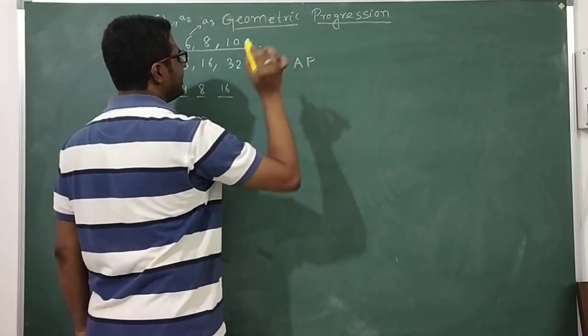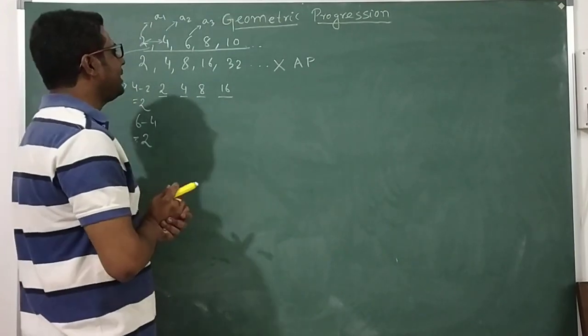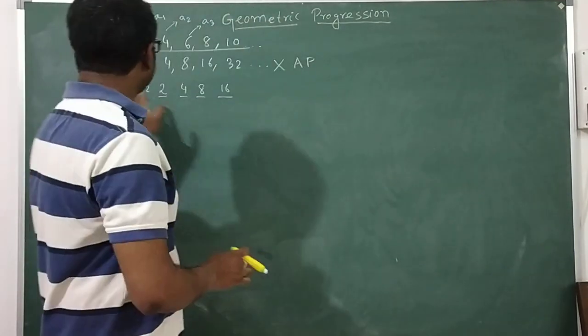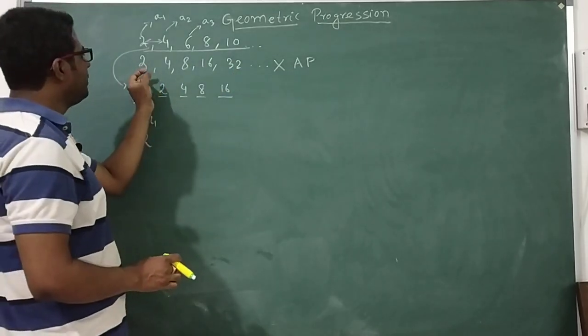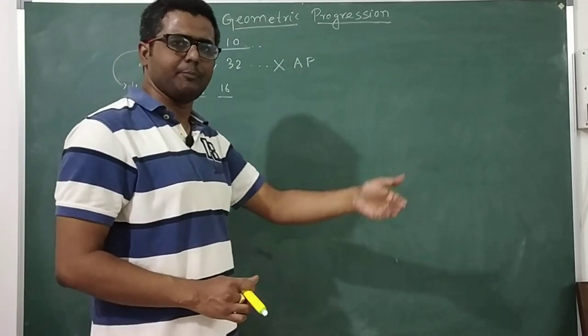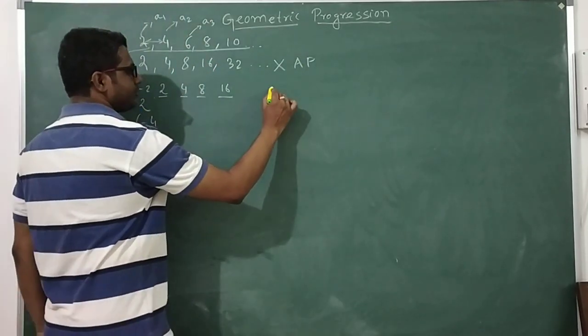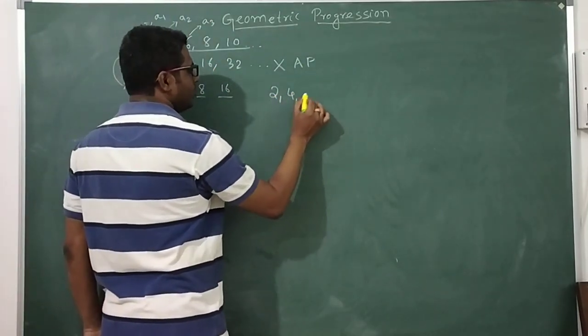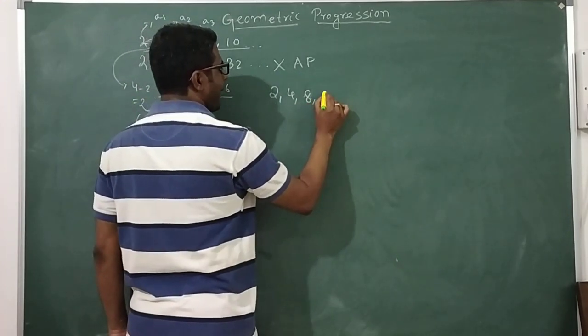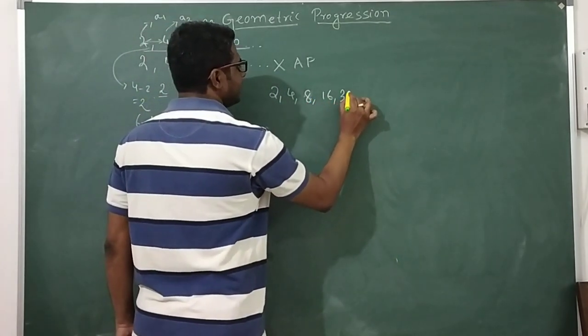So what type of series is this? What kind of similarities or relationship can you deduce from this series as you go from one term to the next? Let us go through it: 2, 4, 8, 16, 32.